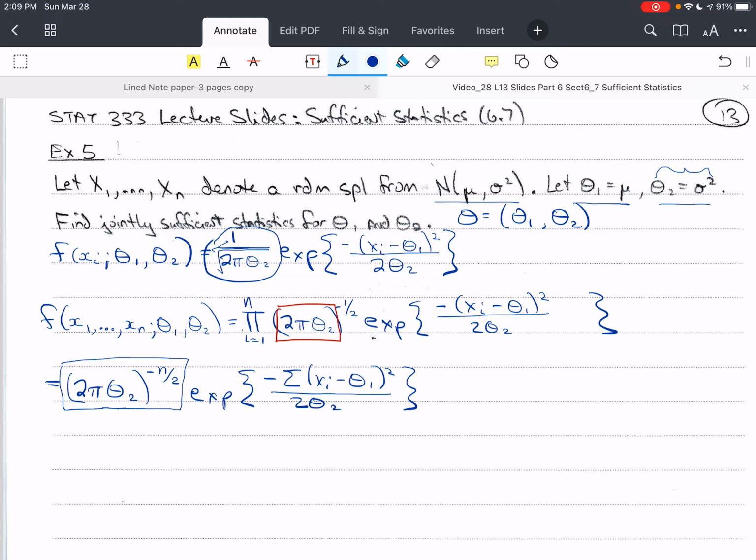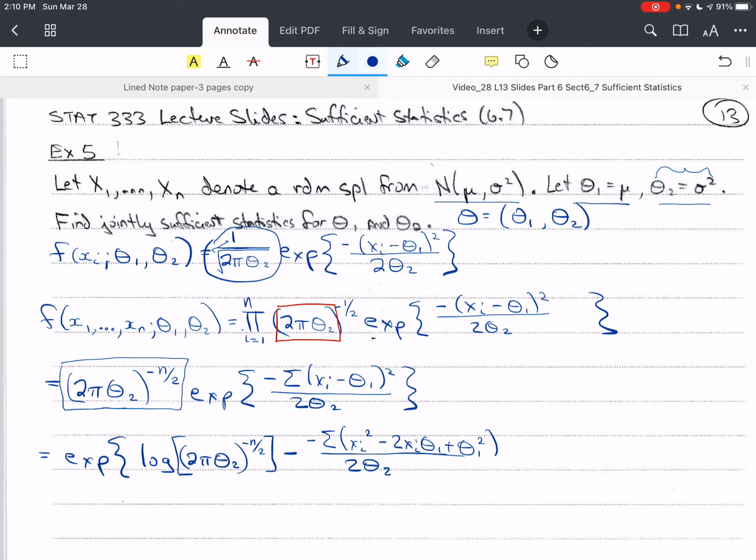So we'll make this exp, and this will be log of (2 pi theta 2) to the negative n over 2 minus, and now I'm going to expand this, and so I have negative sum of x_i squared minus 2 x_i theta 1 plus theta 1 squared. Okay, all of that inside of here.